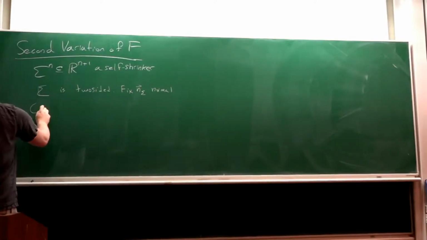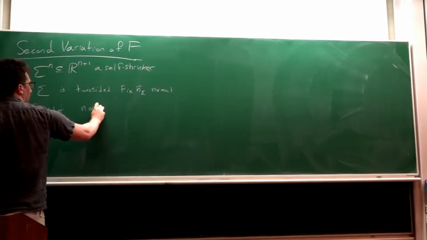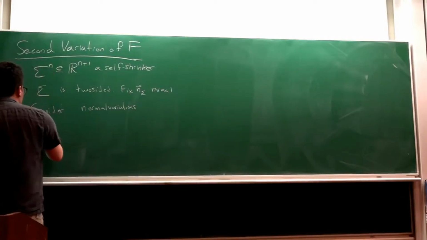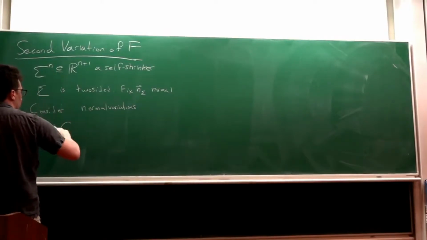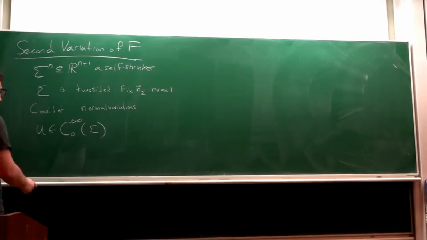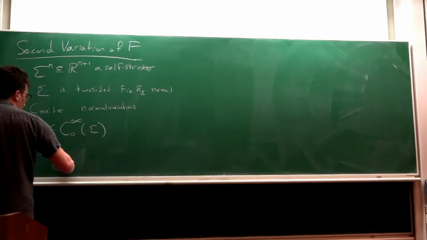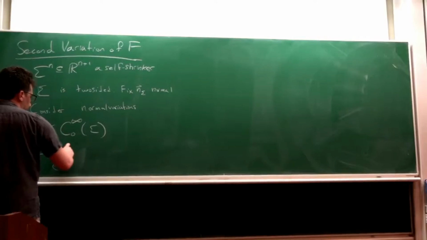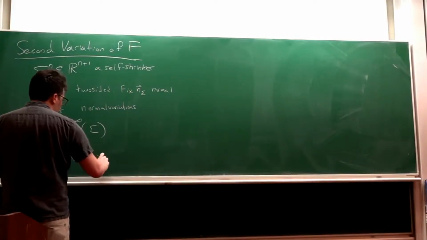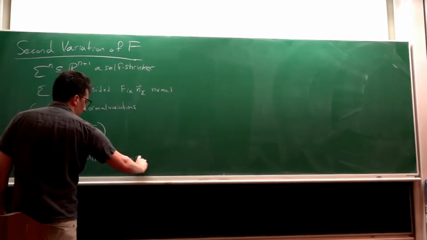The idea is we want to consider compactly supported normal variations. So you fix a function u in, say, C infinity compact support of sigma. We always want to consider compact variations. And we let sigma t be the normal variation, so it's the set of position vector p plus u of p times t.